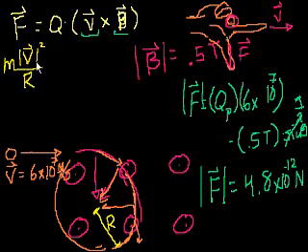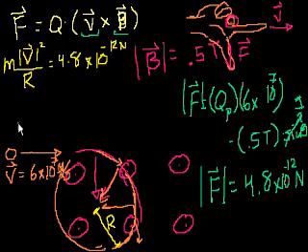And what do we know about the centripetal force? What is causing the centripetal force? Well, it's the magnetic field. And we figured that out, right? This is going to be equal to this, which we figured out is going to be equal to, at least the magnitudes, the magnitude of this is equal to the magnitude of this, and that the magnitude is 4.8 times 10 to the minus 12th newtons.